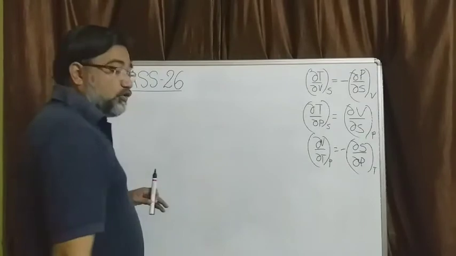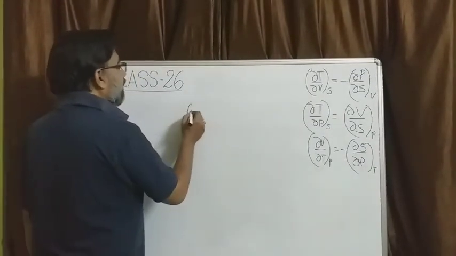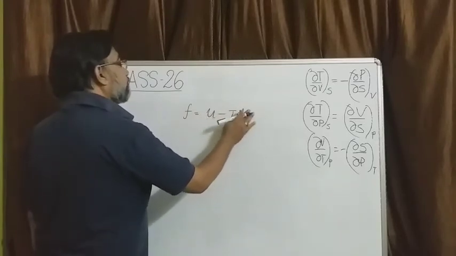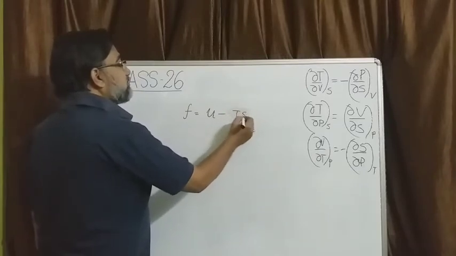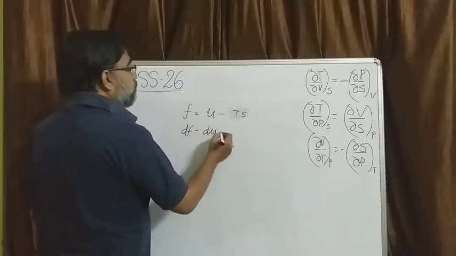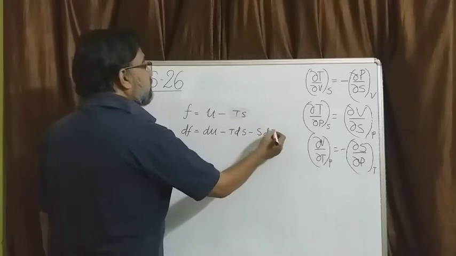The fourth one will come from the Helmholtz function. Now what is the Helmholtz function? F is equal to u minus Ts. So dF is equal to du minus TdS minus SdT.